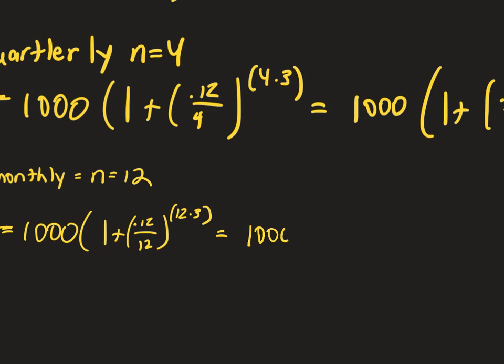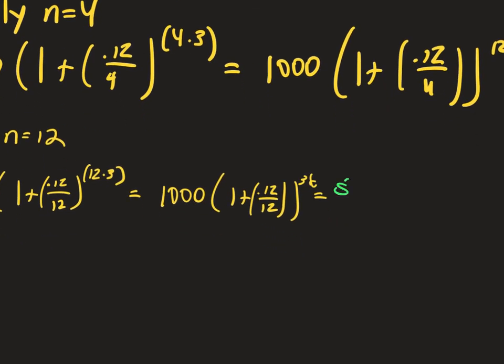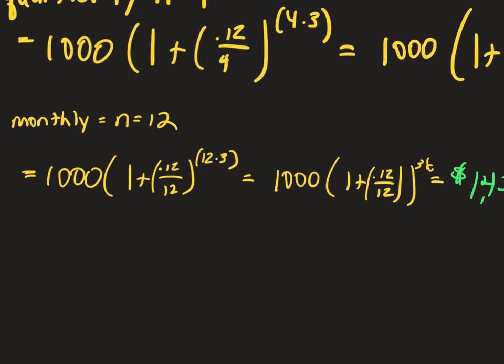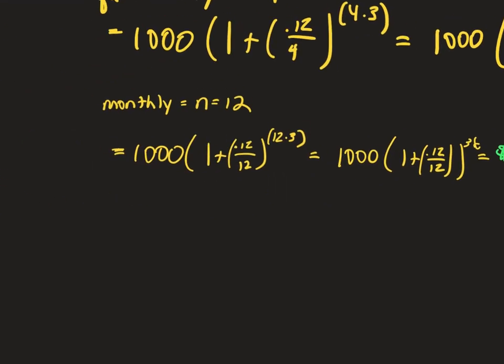So 1,000, 1 plus 0.12 over 12, raised to the 36. So 1,000, 1 plus 0.12 divided by 12, raised to 36, and I get $1,430.77.